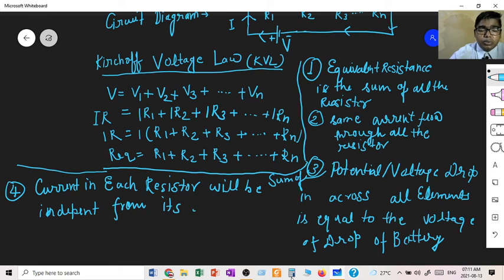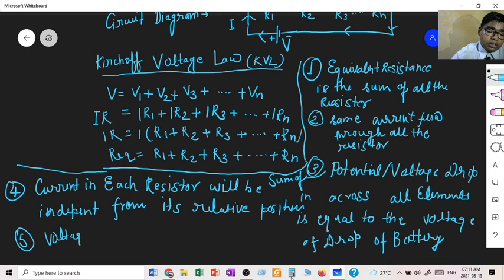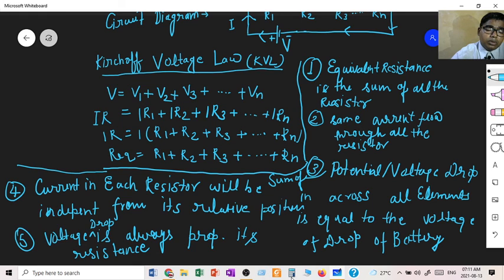And the fifth one is that voltage drop is always proportional to its resistance. Voltage drop is very important.